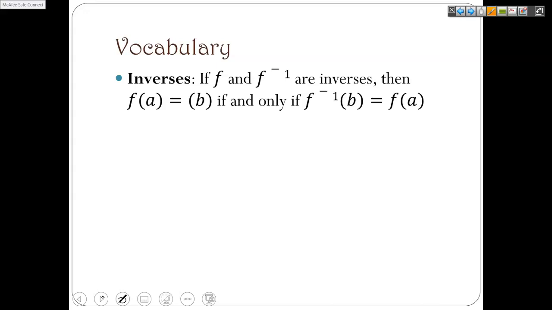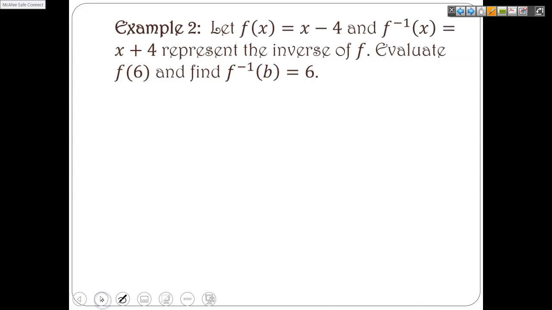So looking at another example of that, we have f of x equals x minus 4, and f inverse of x equals x plus 4 represents the inverse of f. We want to evaluate f of 6, and then find f inverse of b, so it equals 6.